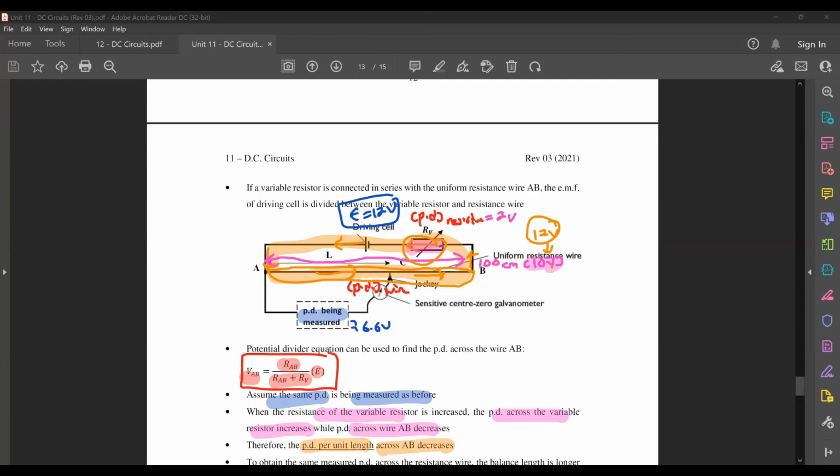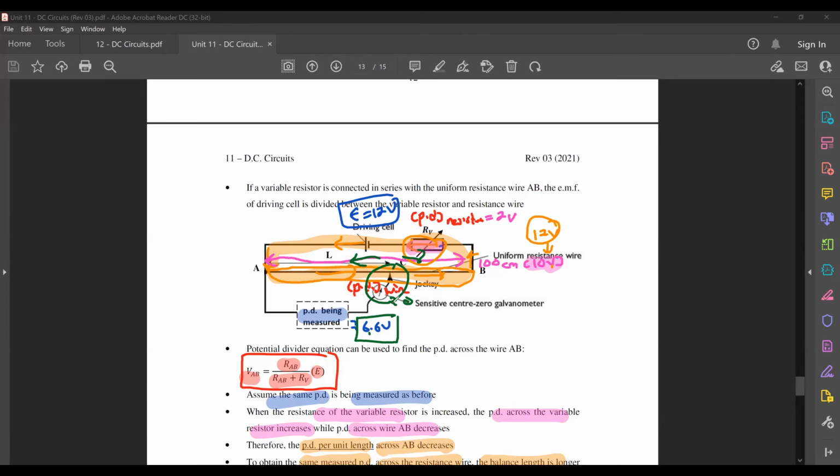Okay, to obtain the same measured PD as before across the resistance wire, my balance length would need to be longer. Put it this way, if I just give you this case now, what you understand by now is that my PD being measured is 6.6 volts. I need to move the movable jockey left and right until my galvanometer reading is 0.